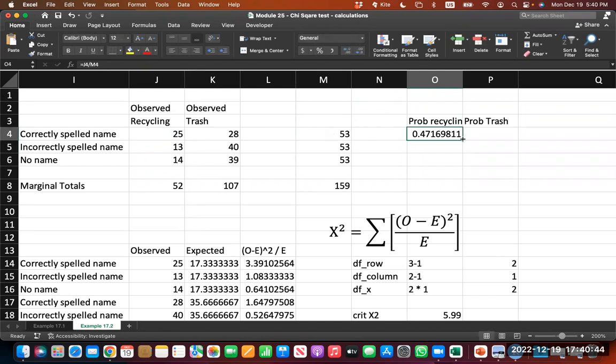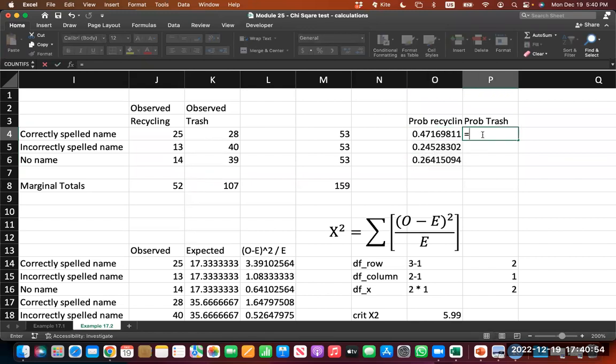That's the easy calculation. So you basically get 47.2, 24.5, and 26.4. If you want to calculate this for trash, this needs to add up to 100, obviously. So it's 28 divided by 53.